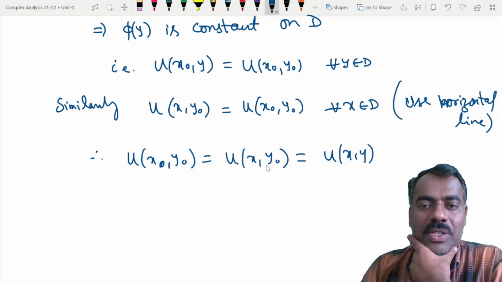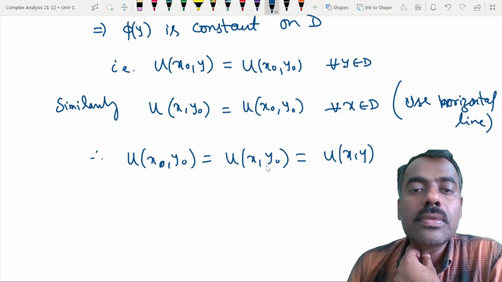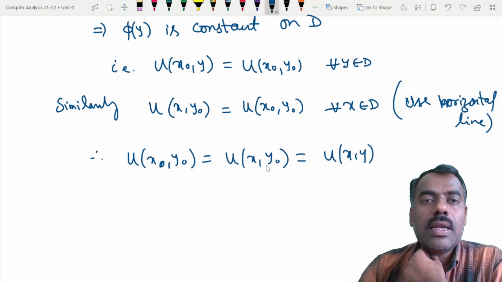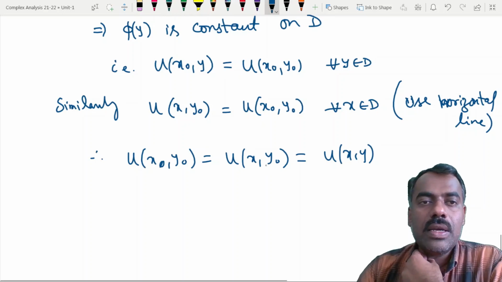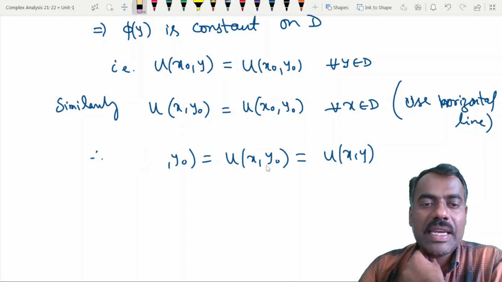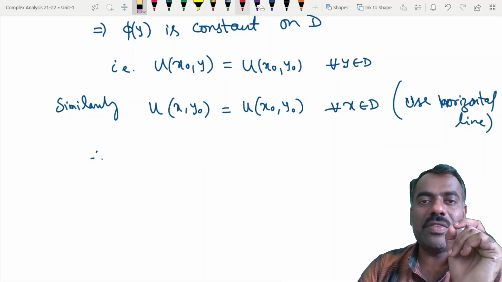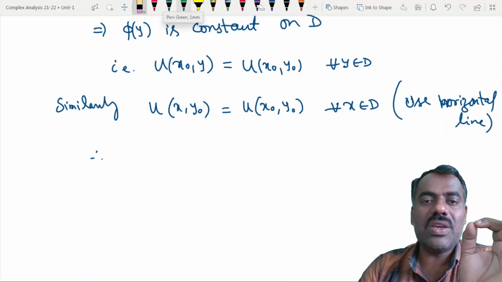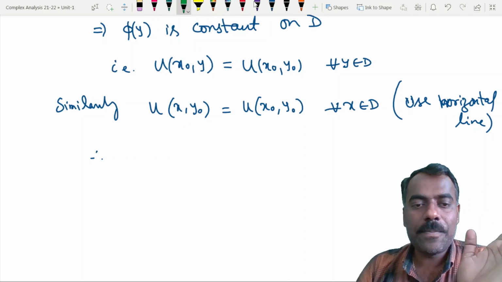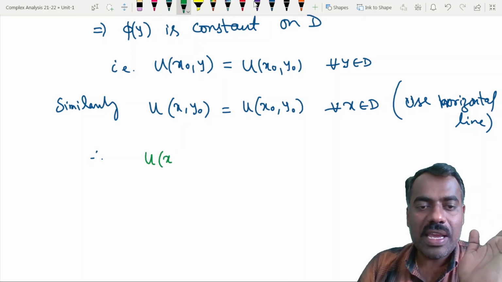Let me write again. Because we want to show that u of x comma y is fixed, and that value is u of x naught comma y naught. So you take u of x comma y.